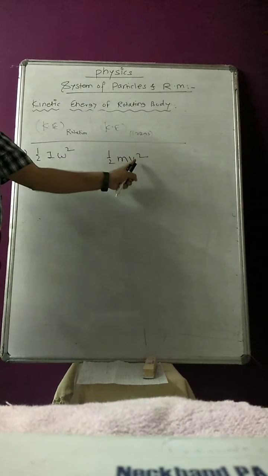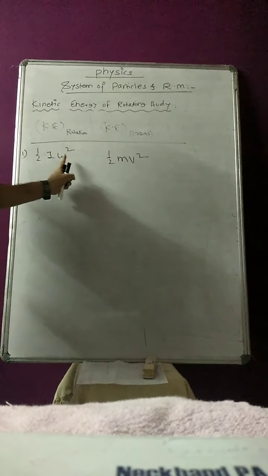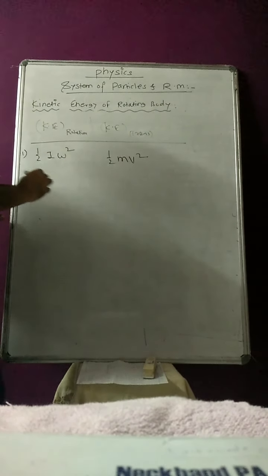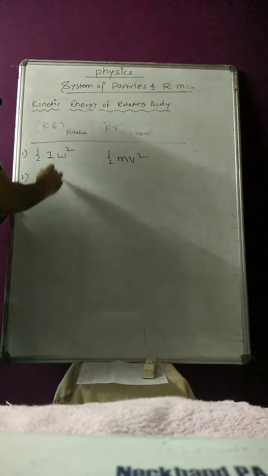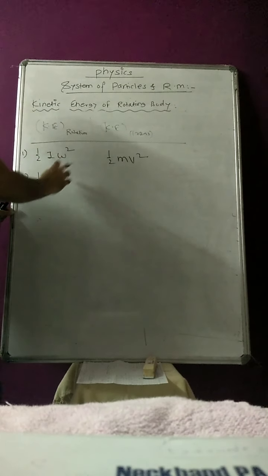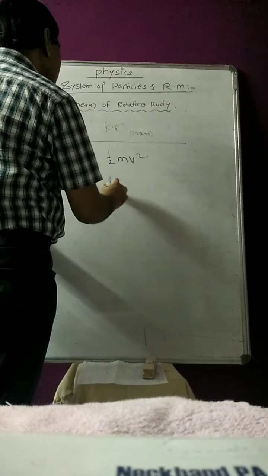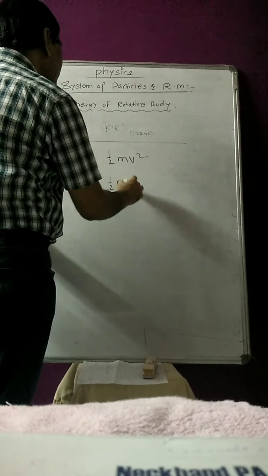In translatory motion it is the linear velocity, while here it is the angular velocity. Second, 1/2 L into omega corresponds to 1/2 P into V.